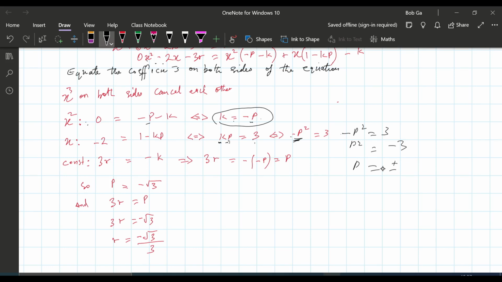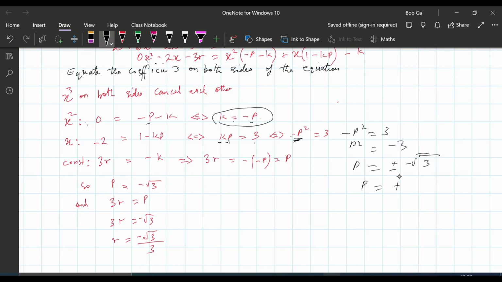Always 2 values, negative and positive. So p squared is equal to plus or minus the square root of 3. So we get 2 values of p. The first value is p equals plus negative square root of 3.